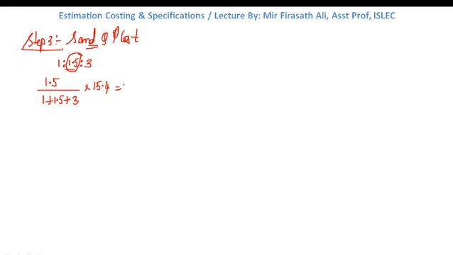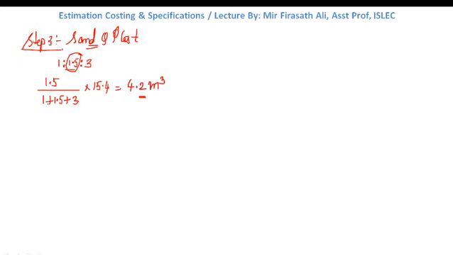Let me calculate the value. On doing this calculation, 1.5 into 15.4 divided by 1 plus 1.5 plus 3, we get around 4.2 meter cube. 4.2 meter cube of sand is required.